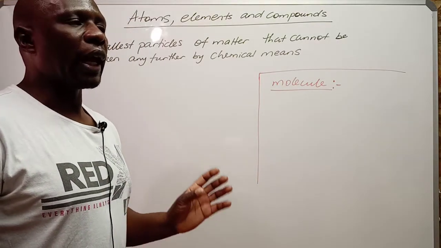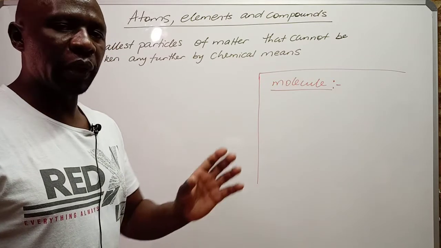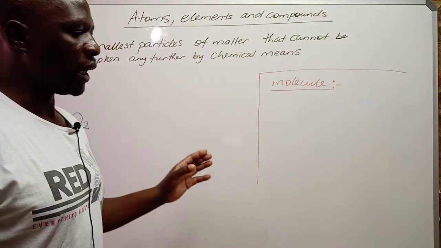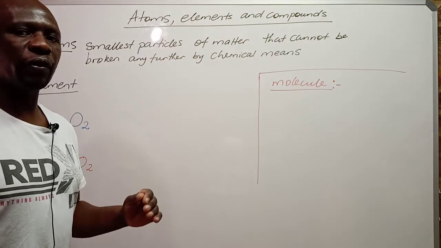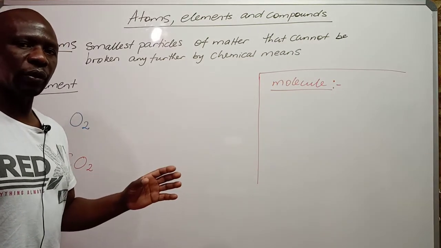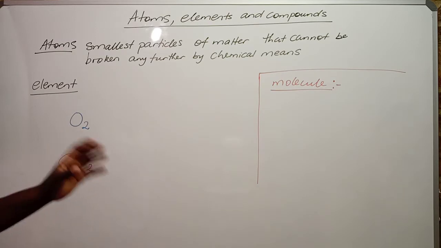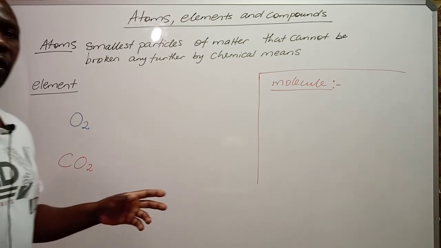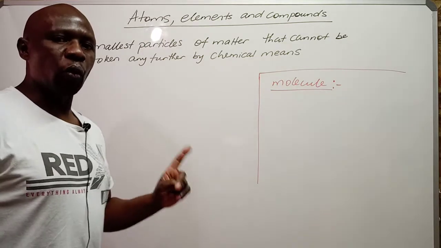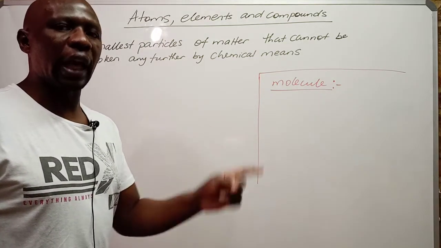So a compound becomes a substance that is made up of molecules. The molecule of a compound is made up of more than one kind of element.